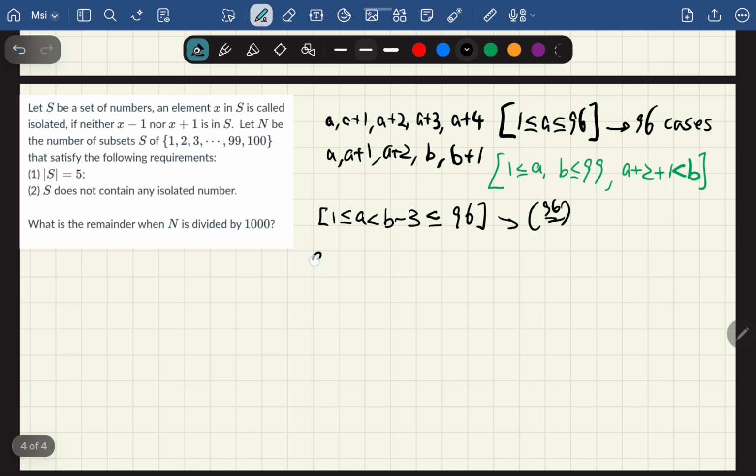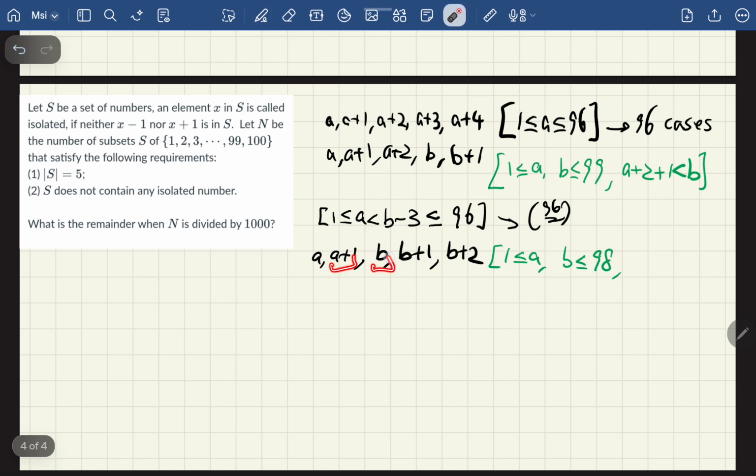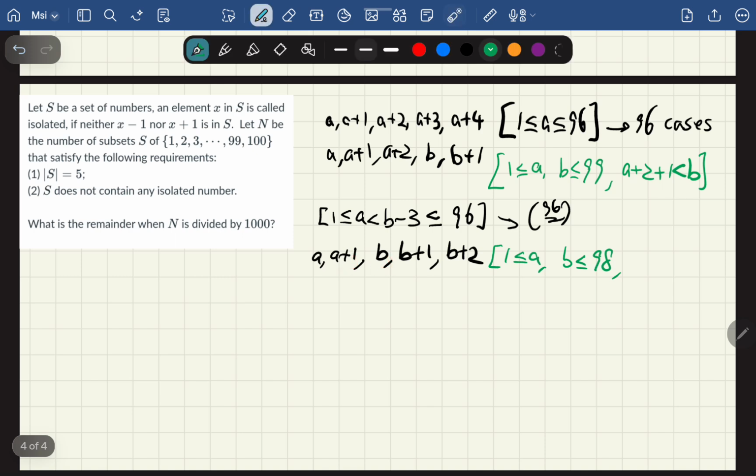And then the last case is a, a plus 1, b, b plus 1, b plus 2. Here we have b is less than or equal to 98 this time. And a plus 1 and b have to differ by greater than 1, so a plus 1 is less than b.